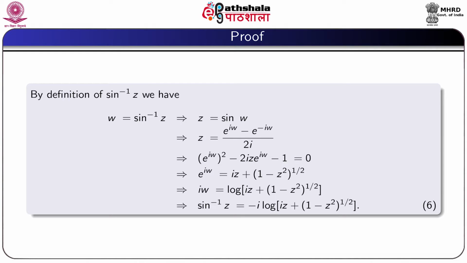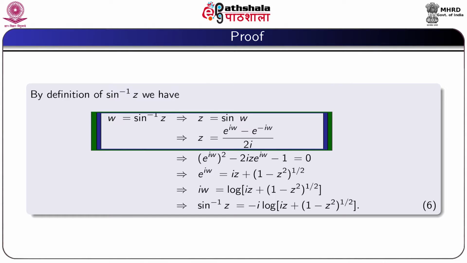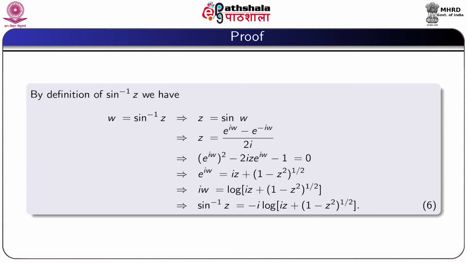Proof: by definition of sine inverse z, we have w equal to sine inverse z implies z equal to sine w. So, by definition of sine w, we can write z equal to (e to the power iw minus e to the power minus iw) by 2i, which gives by simple calculation (e to the power iw) square minus 2iz e to the power iw minus 1 equal to 0.